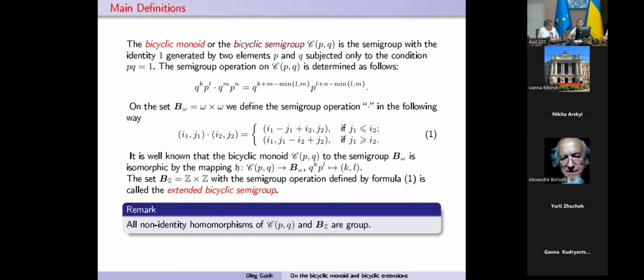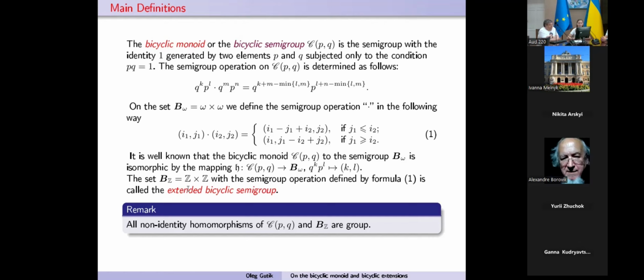Also, there are many results about this semigroup, for example, on topologization: any Hausdorff shift continuous topology on the bicyclic semigroup, or on the standard bicyclic semigroup, is discrete.